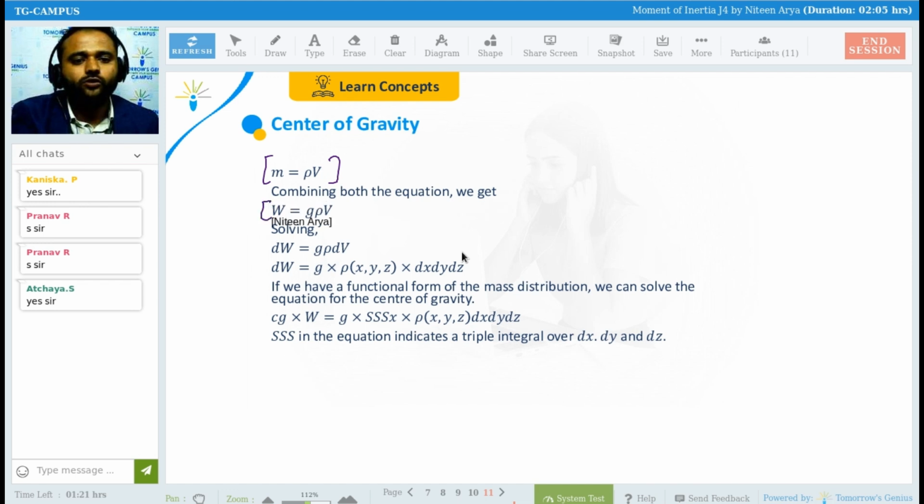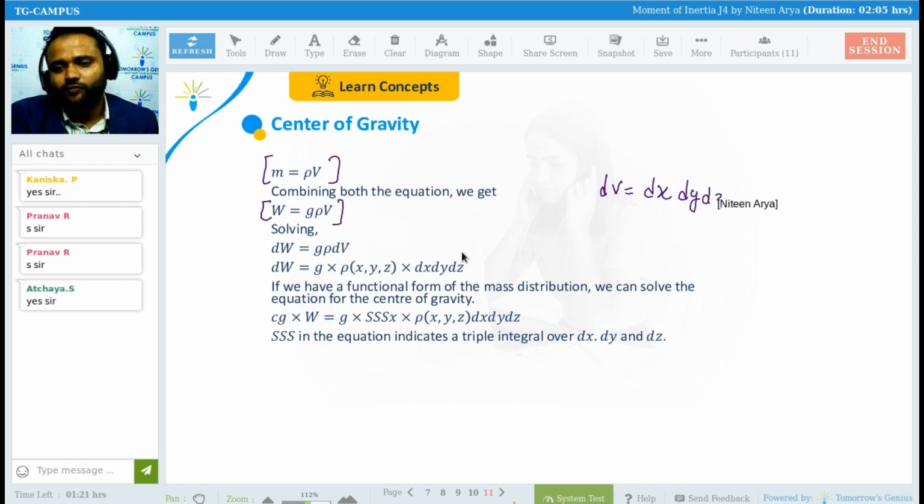Combining both equations, W is going to be rho V into g, and dW is going to be rho g dV, where dV is nothing but dx dy dz, because you can write this as a triple integration in dx dy dz form, basically.